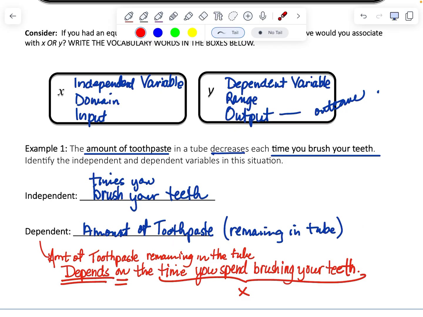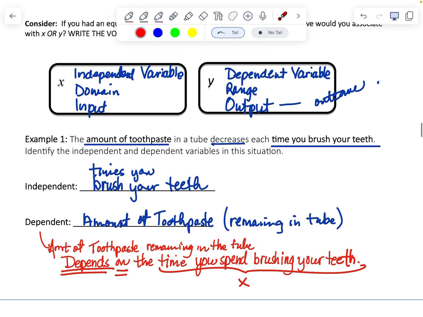You brush your teeth, it goes down, you brush your teeth, it goes down, until your toothpaste tube is empty. The amount of toothpaste remaining in the tube depends on the time you spend brushing your teeth. When you make that statement, it tells you the dependent variable is the amount of toothpaste in the tube. So that's example 1.